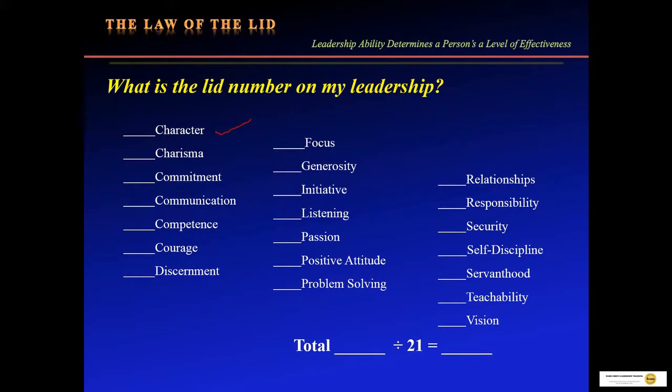So you can either have no character, you can have bad character, or you can have good character. All character means is that your words and your actions are congruent. Are your words and actions congruent? Now that could be for good, that could be for bad, or maybe you say you're going to do a lot of stuff and you don't do anything. So character, are your words and your actions congruent?